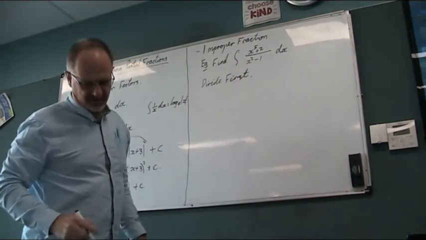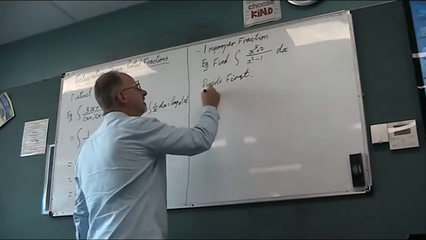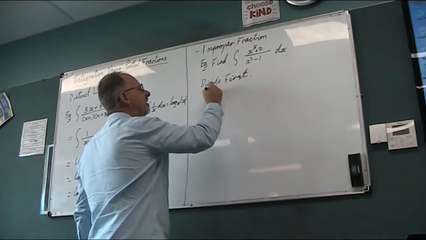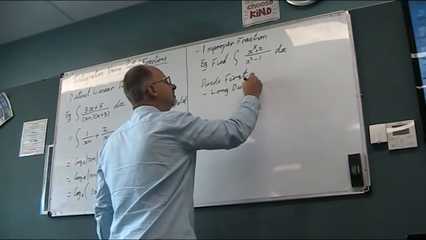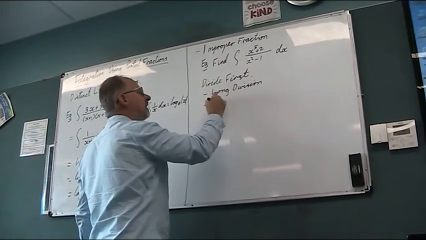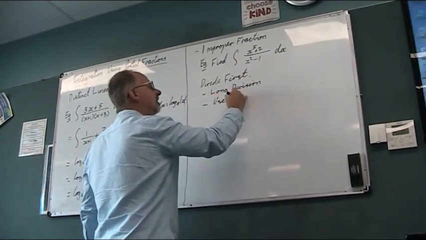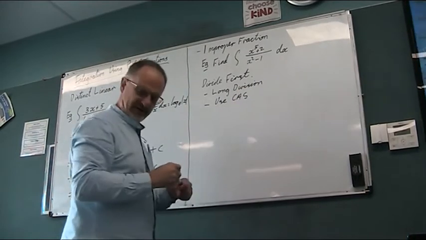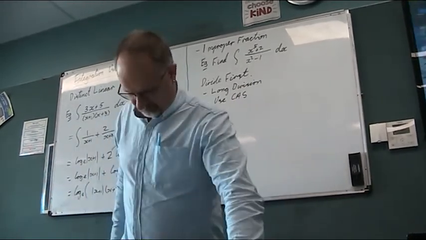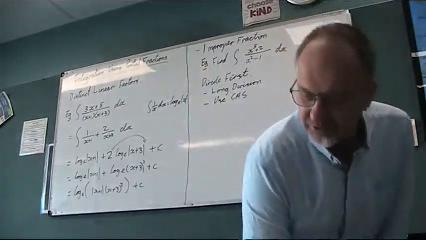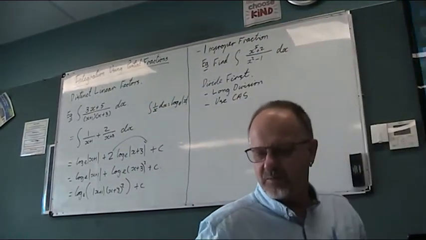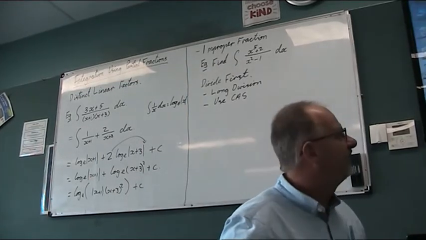Alright, so when we do that, there's a couple of things that we can do. We can either do our long division, or we can use our CAS, which is what I'm going to do now. So, that sheet I've just given you, the polynomial division.